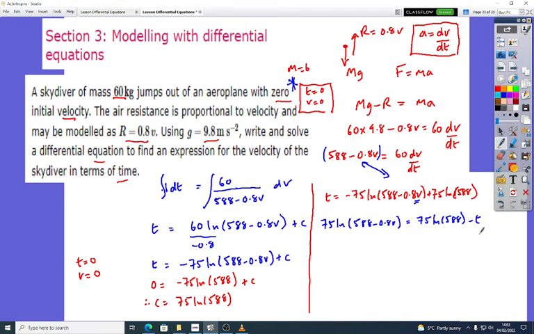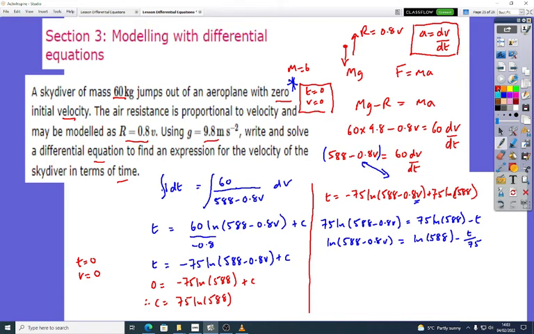Now I'm going to divide everything by 75, so I'm working to undo this until I get the v out. Divide by 75, so I've got ln of 588 minus 0.8 v equals ln of 588 minus t over 75. Looks nasty, but that's the way it is.